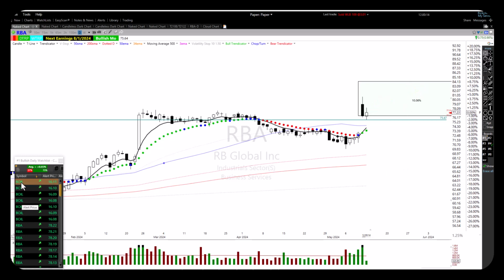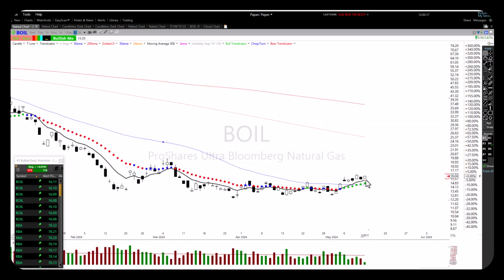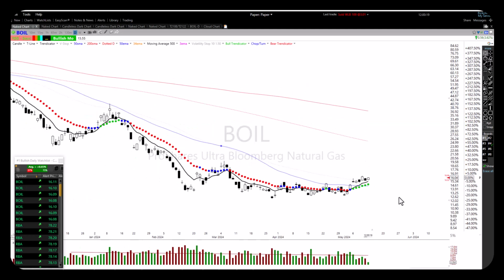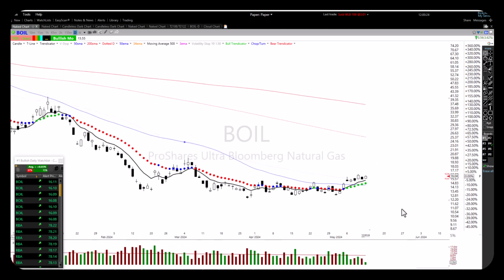Let's take a look at Boyle. Boyle's coming up. So this is a rounded bottom breakout. Rounded bottom breakout, for those that don't know, is when, let me get my little pen out here, I feel more important with my little pen, the 50 period moving average is below the 200 period moving average.